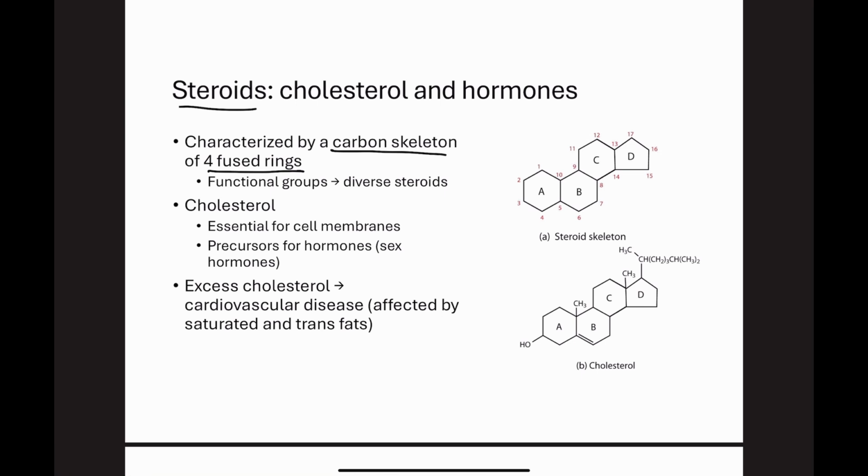So cholesterol, it is a steroid. And cholesterol is extremely important, and it serves as a component of animal cell membranes. And it's actually a precursor for other steroids, including our sex hormones, such as testosterone and estradiol.